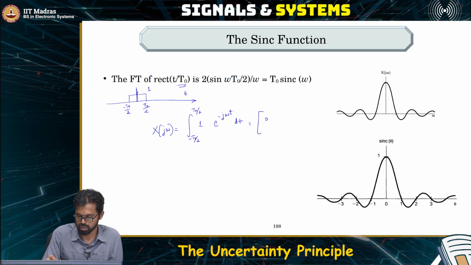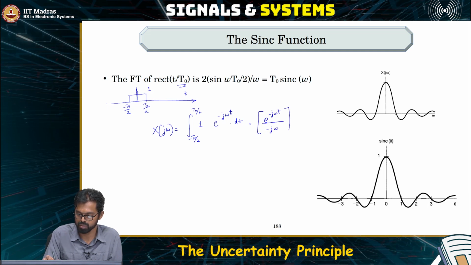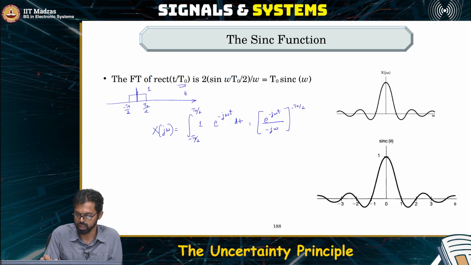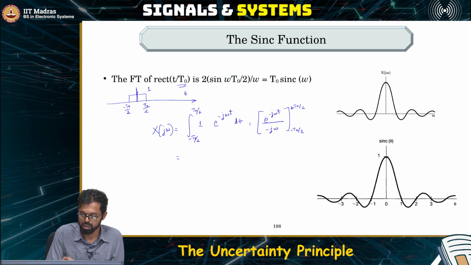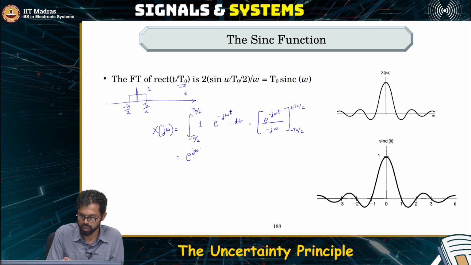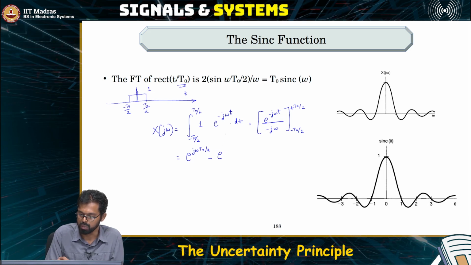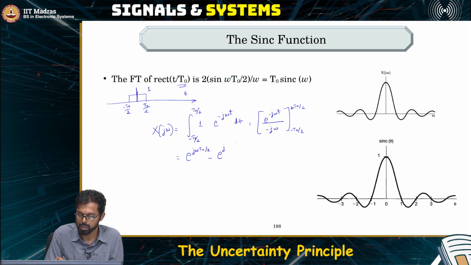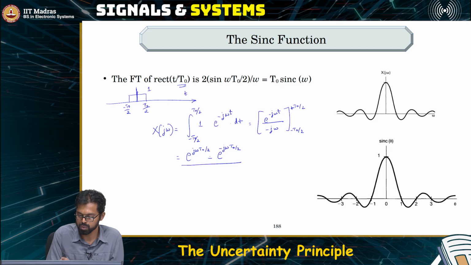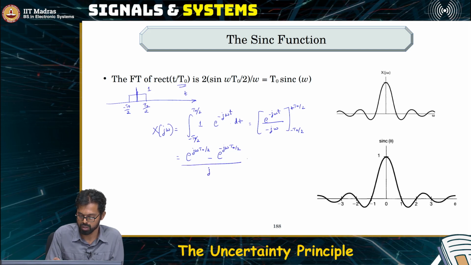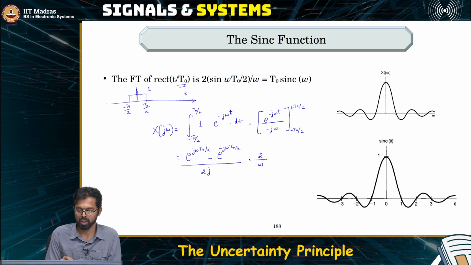So this gives us e power minus j omega t divided by minus j omega, evaluated from minus t naught by 2 to plus t naught by 2, which is equal to e power j omega t naught by 2 minus e power minus j omega t naught by 2, divided by j into omega by 2.